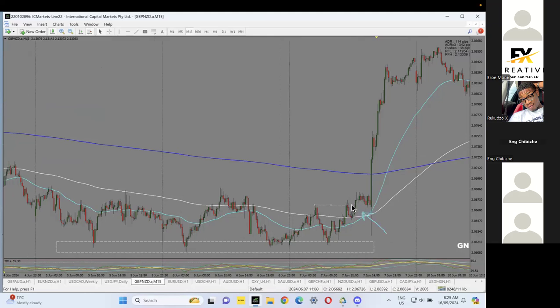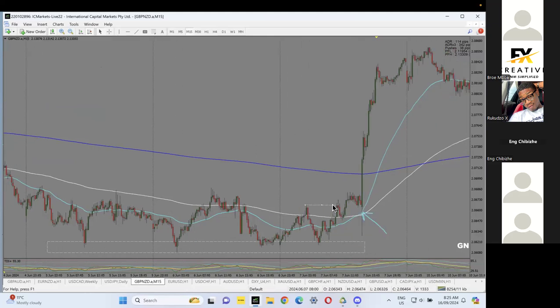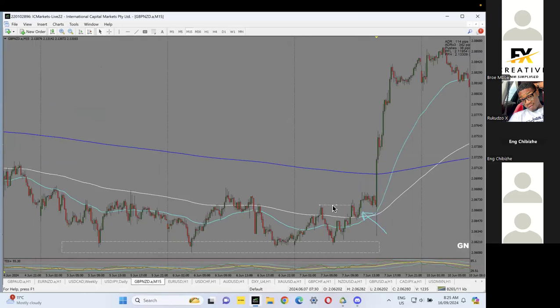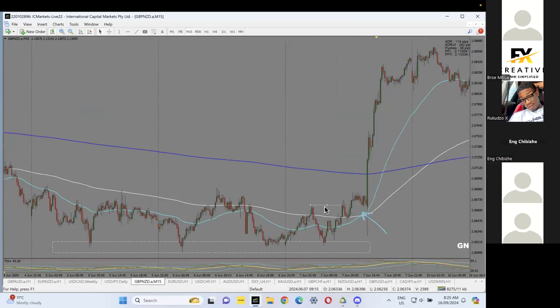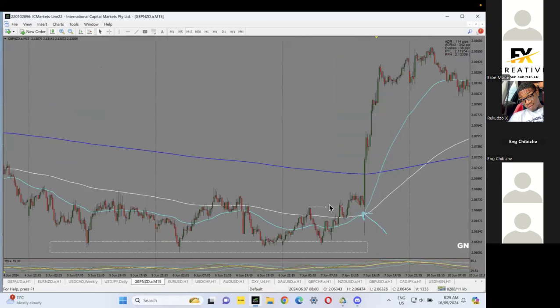Right, they broke the high there. My line is so tiny. And then they came back to the 50 EMA. Now, that is the kind of ID50 that I will take on the 15 minutes time frame, or on the 1 hour, wherever.